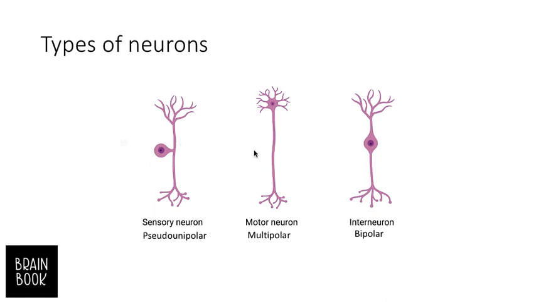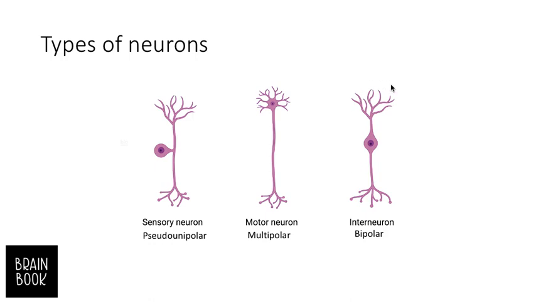But here, the motor neuron we call multipolar. As you can see here, we have a cell body and we have different projections out of the cell body, including several dendrites and one axon. As the cell body has different projections out, we call this type of neuron a multipolar neuron.